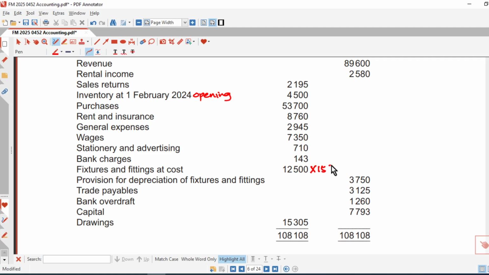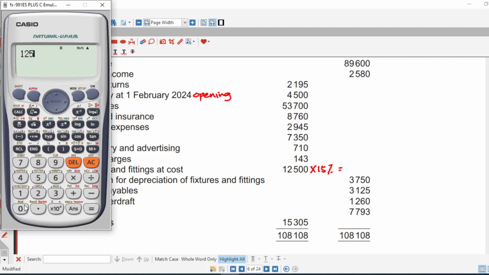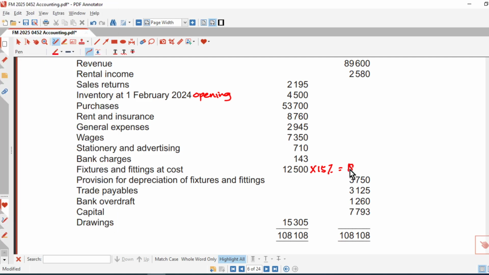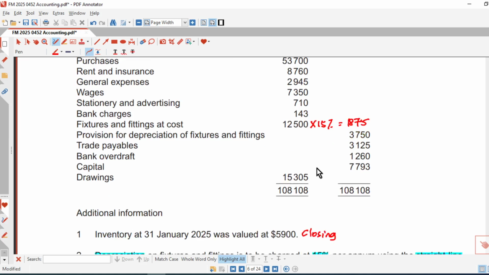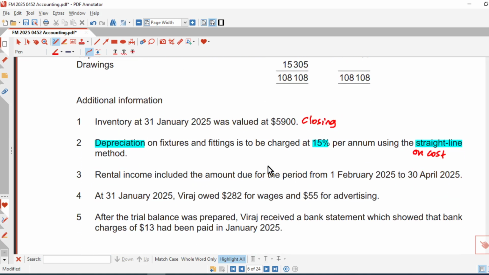I'm going to calculate a 15% depreciation, so multiplied by 15%, that's 1,875. I'm going to make a remark here that this is going to be part of my expenses later on. It's part of my expense, 1,875.